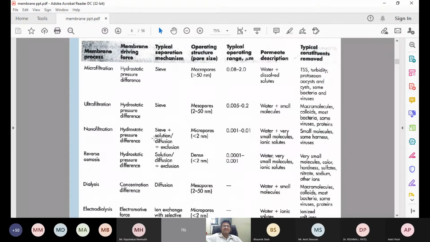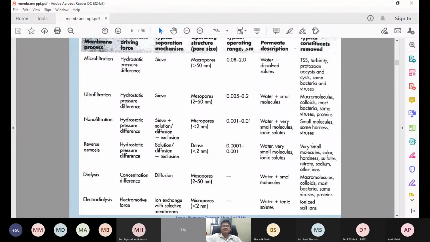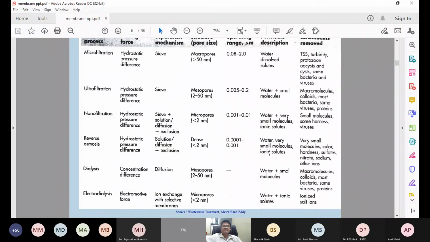Then nanofiltration is there. Here also there is a hydrostatic pressure difference, but here sieving plus solution diffusion will be there. So both processes will be there, and the pore size is less than 2 nanometer, the operating range is 0.001 to 0.01 micrometer, and the permeate is water plus very small molecules. So here we can remove small molecules and hardness also.